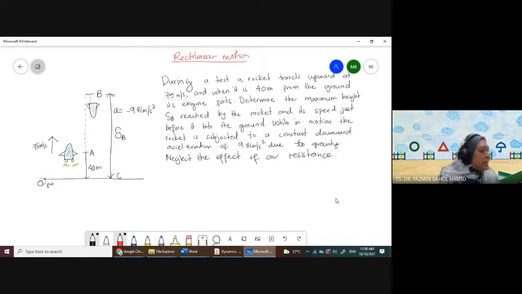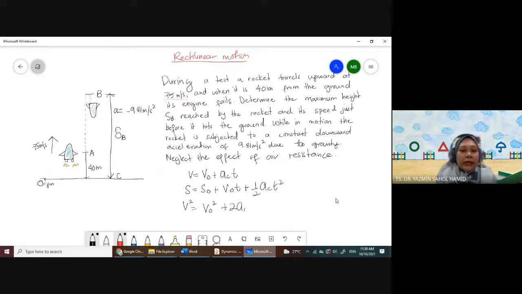Number one, what you do when you get this question, you write down the basic equations with constant acceleration. Every time we get a question, we must write it down again and again. So, v equals v naught plus a_c t, s equals s naught plus v naught t plus 1 over 2 a_c t squared, and v squared equals v naught squared plus 2 a_c times s minus s naught.